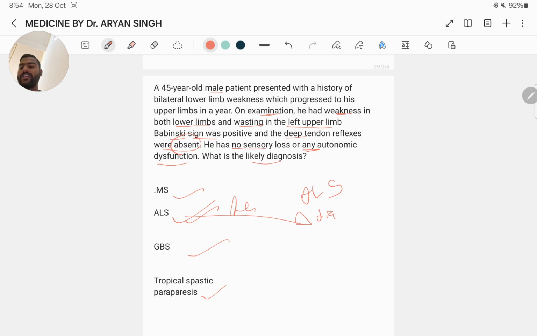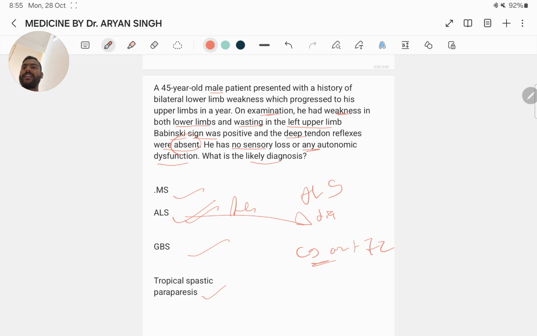What is ALS? It is a progressive motor neuron disease with a mutation in the gene encoding the protein C9orf72, that is chromosome 9 open reading frame 72.